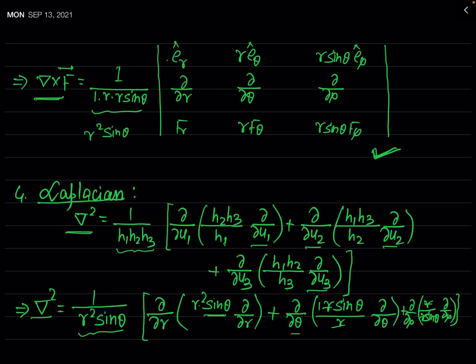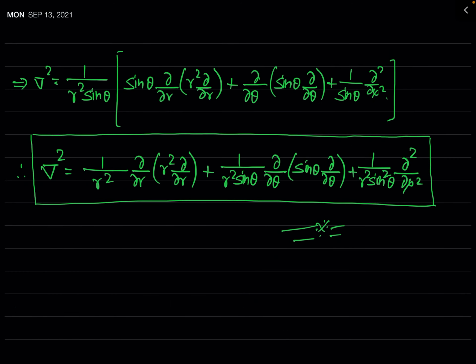And in the last term, differentiation is partial with respect to phi, so sine theta will be treated as constant, and this will be outside of the differential operator. So taking these things into account, what will be the expression?